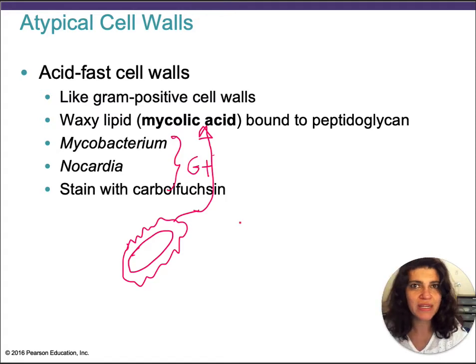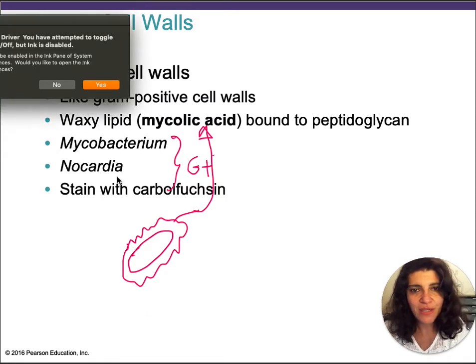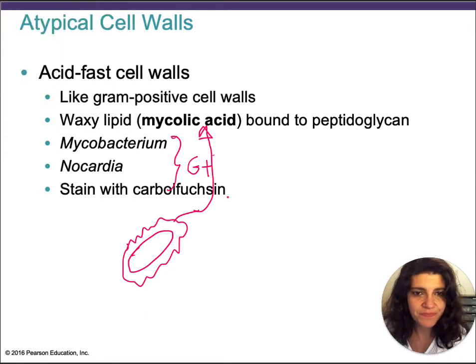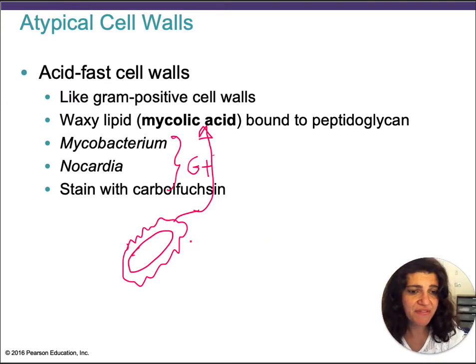to determine their gram stain because they have this waxy lipid around it. So the gram stain doesn't really work well, doesn't really stain these bacteria. So you need to do a different stain that you use instead of decolorization with alcohol, decolorization with alcohol and acid, a mixture of both.